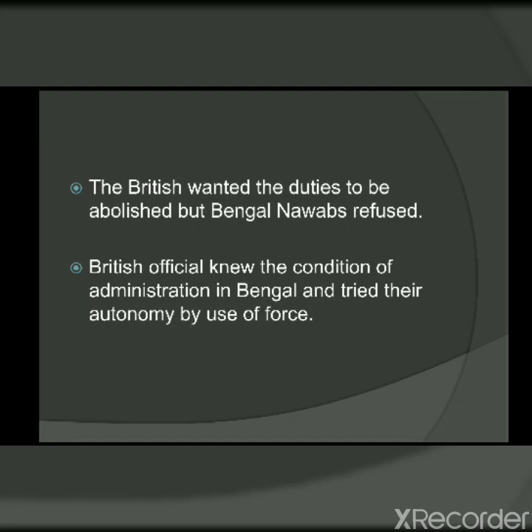So the company on its part declared that the unjust demands of the local officials were ruining the trade of the company, and trade could flourish only if the duties were removed. British officials wanted the duties to be removed because they thought all these taxes were ruining the trade of the company. It was also convinced that to expand trade, it had to enlarge its settlements.